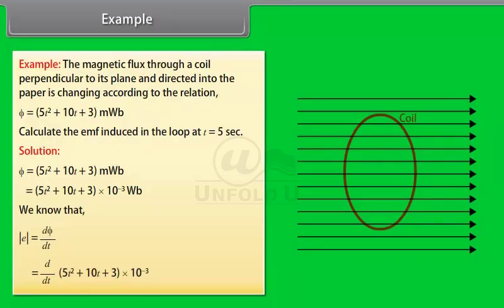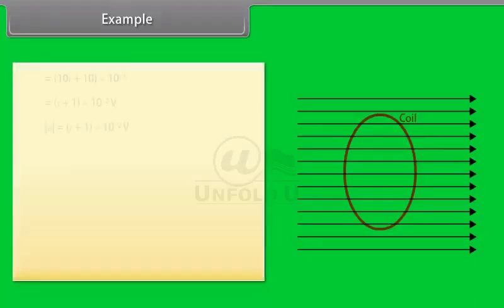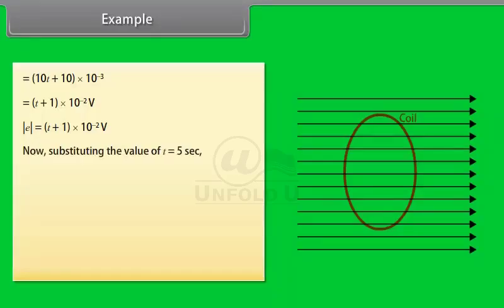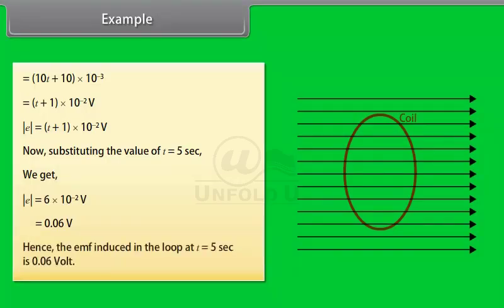By putting the values in this equation, we get E = (t + 1) × 10^-2 volt. Now, substituting the value of t as 5 seconds, we get E as 0.06 volt. Hence, the EMF induced in the loop at t = 5 seconds is 0.06 volt.